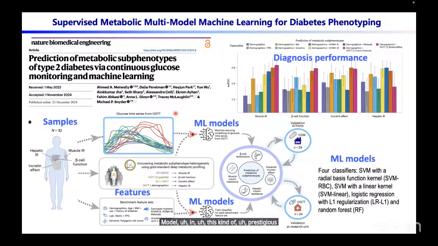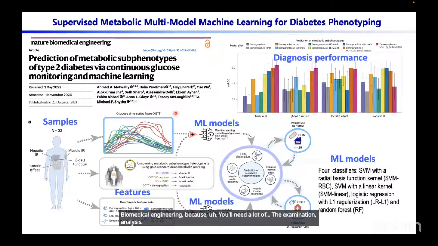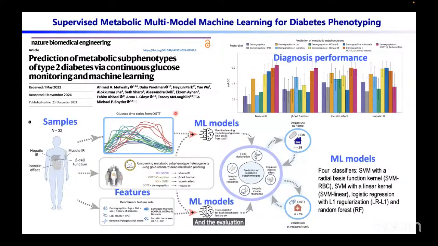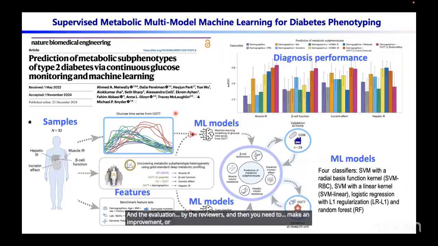In this case, it is Nature Biomedical Engineering, because you need a lot of examination, analysis, and evaluation by the reviewers, and then you need to make improvements and clarify why you want to do this, why you want to do that.